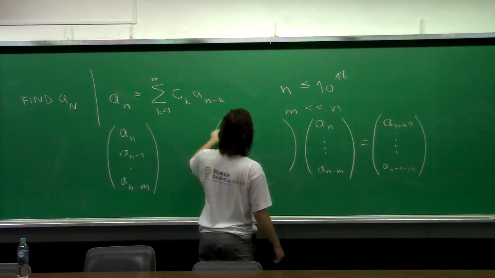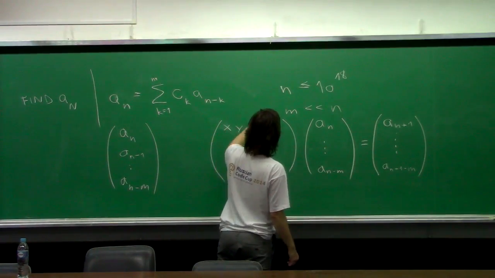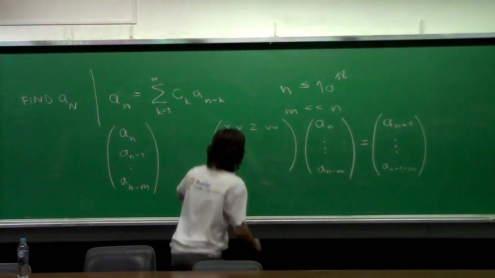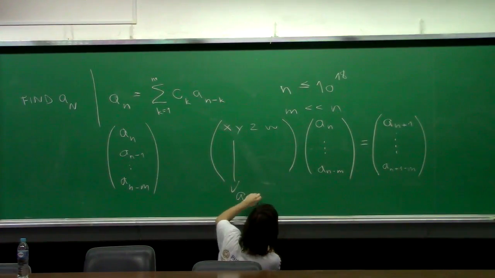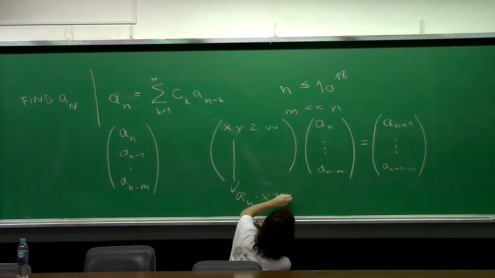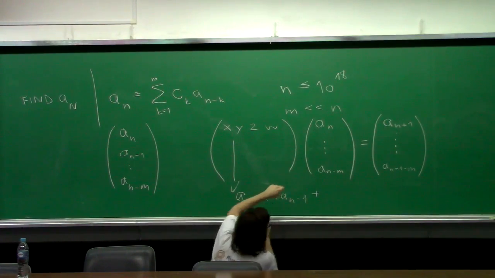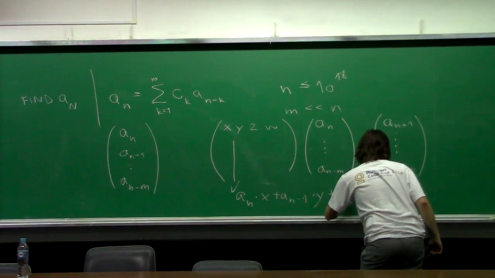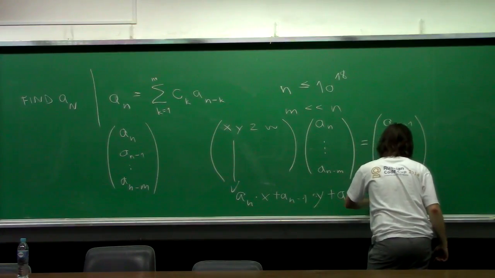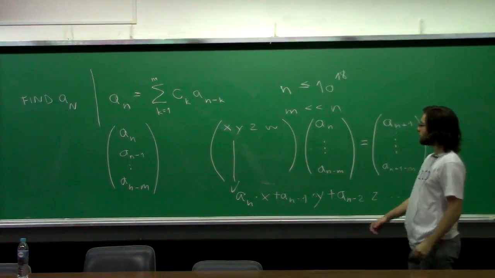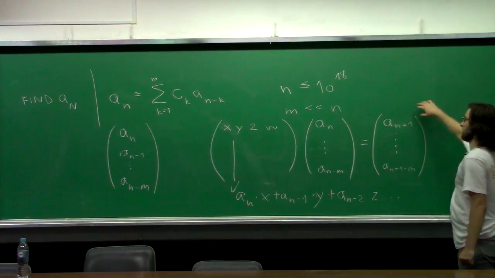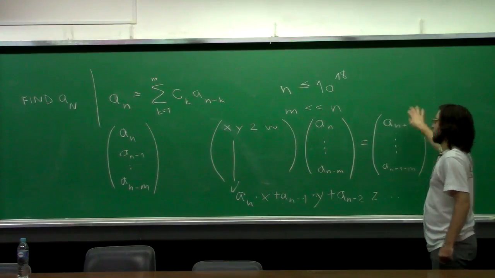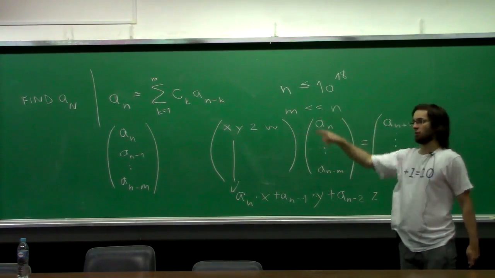So if this was XYZW, then we would take the first element times x plus the second times y plus the third times z, and so on. And this sum would give us the first term of this top element. Let's leave the top element for later because it's computed by this recurrence.